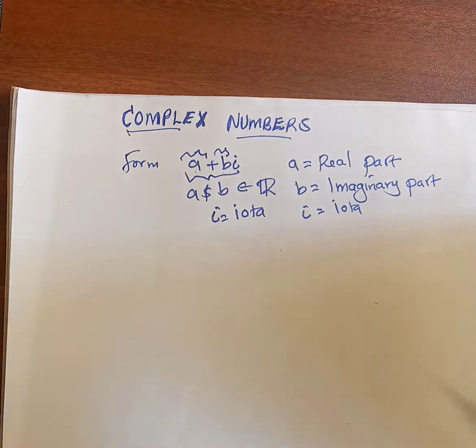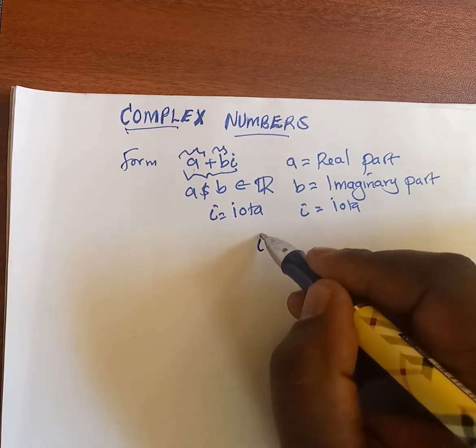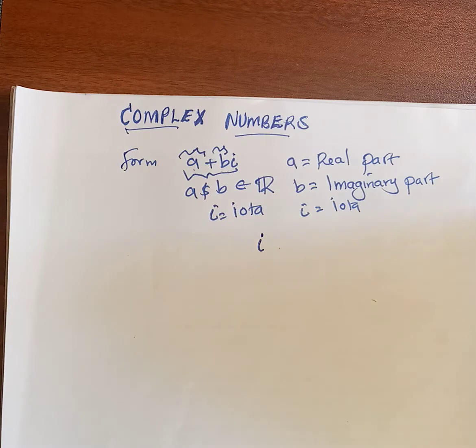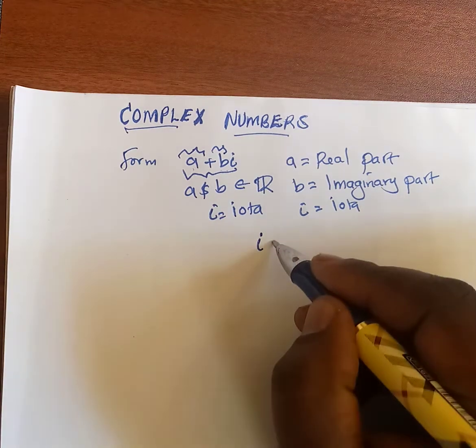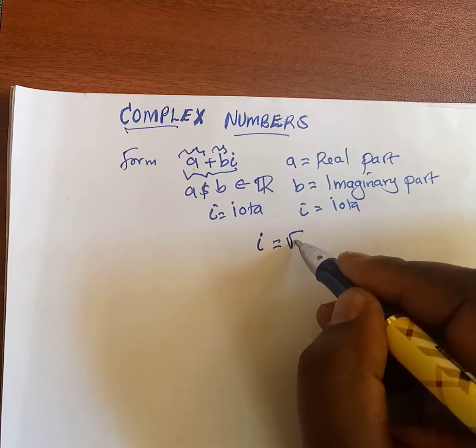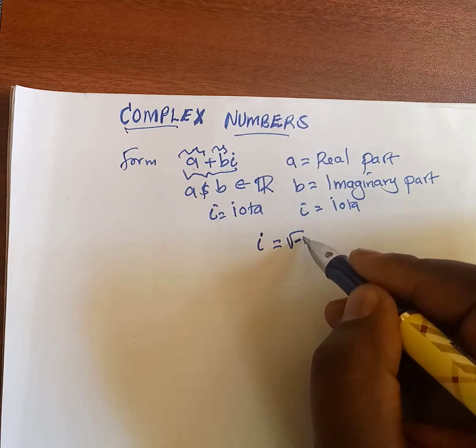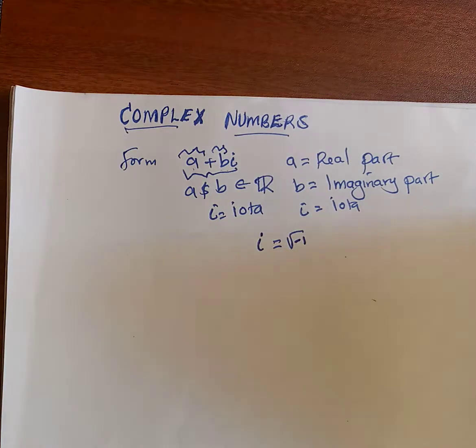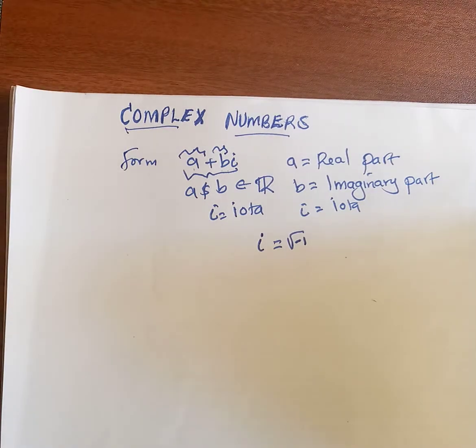So in our operations, we'll be treating our I as square root of -1.